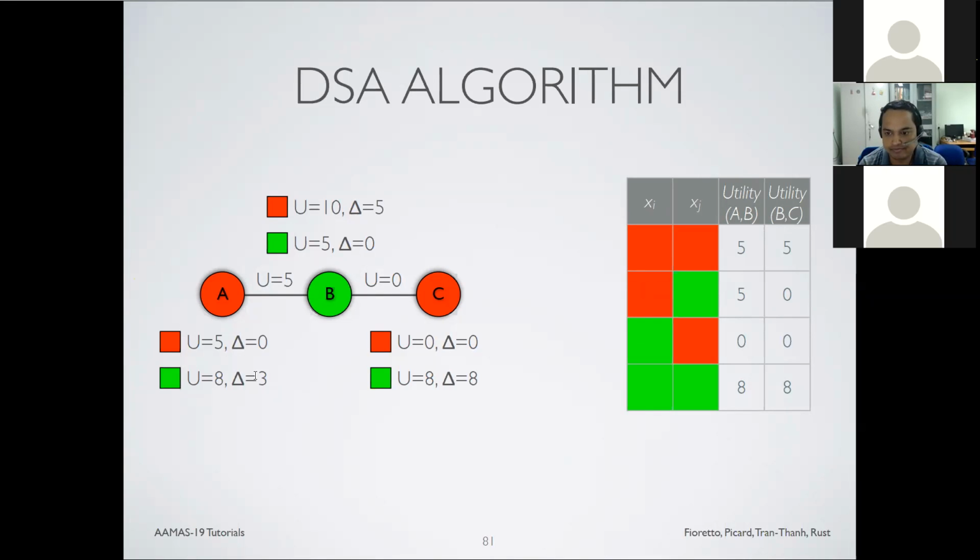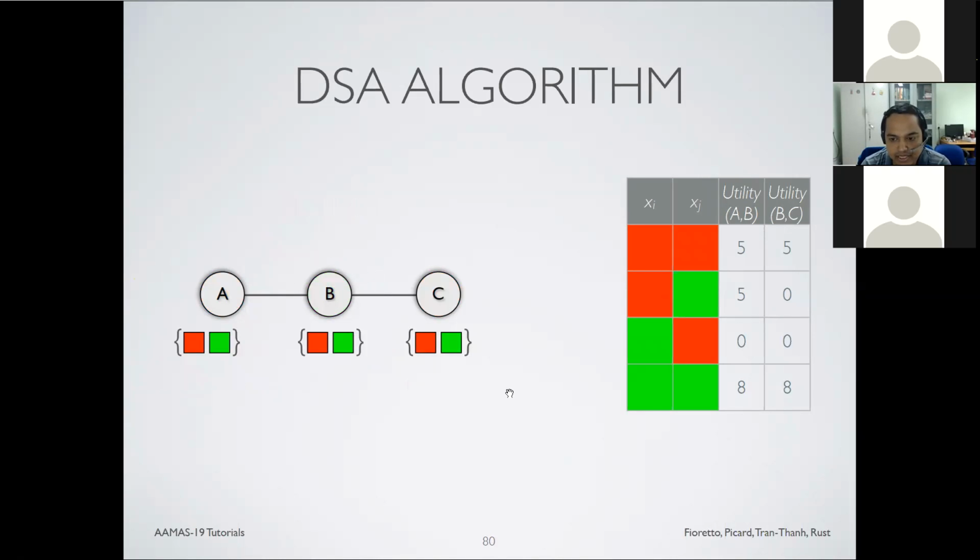I'm repeating. See, at the beginning, there was no color for A, B, C. A can choose any color from red and green. B can choose any color from red and green. C can choose any color from red and green.